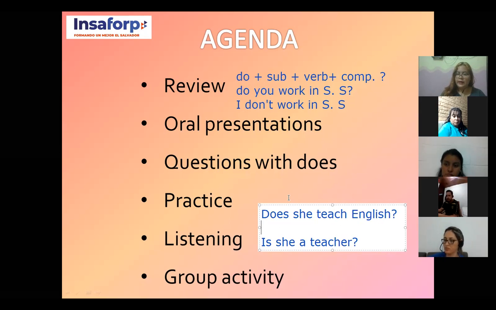So, if you use the auxiliary does, remember, you need a verb. Si usamos does, es porque vamos a usar un verbo en la pregunta. Que en este caso el verbo sería teach. Y en la otra pregunta en la que usted quiere decir, ¿es ella una teacher? Ahí no hay un verbo, sino que estoy preguntando por su trabajo, right? Entonces ahí pongo el verbo to be. Is she a teacher?